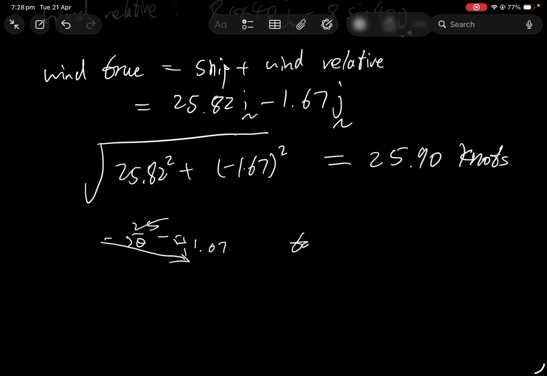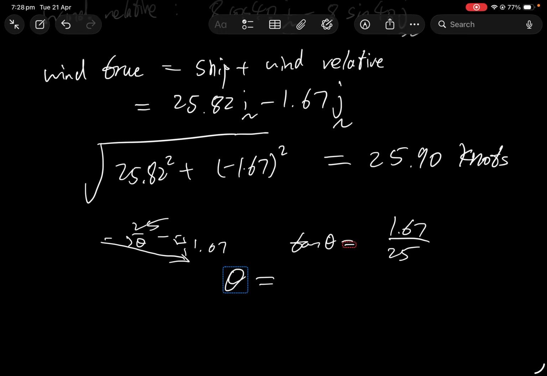Well, then tan theta will equal 1.67 over 25.82. So we inverse tan 1.67 over 25.82.